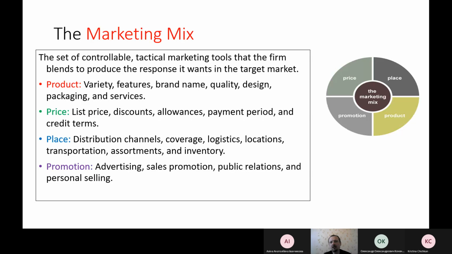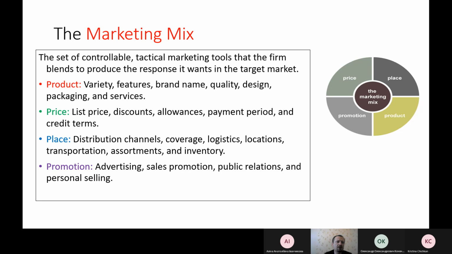Actually, when speaking about this chapter of the business analysis report, it is convenient to use the concept of marketing mix.